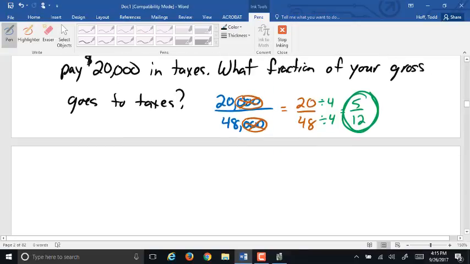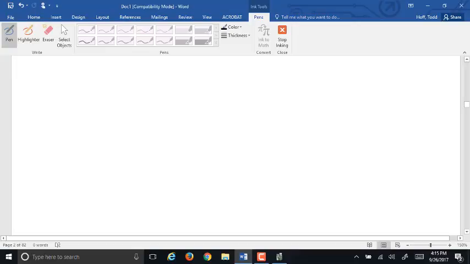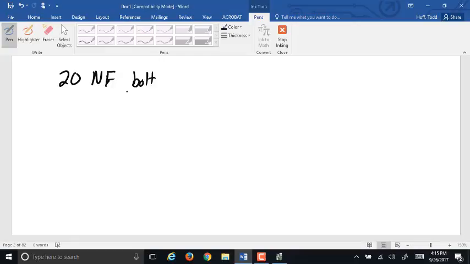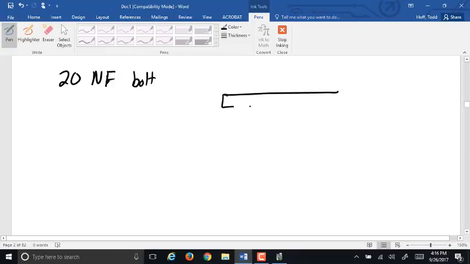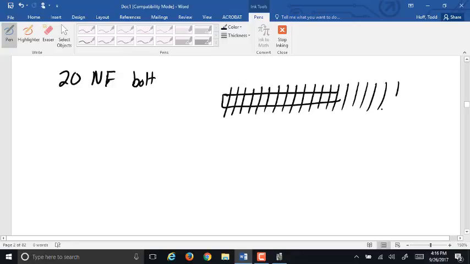A mechanical example for you, which I know is just what you wanted. 20 NF. NF stands for National Fine Thread. It's for bolts. So 20 NF means there's 20 threads per inch. So if we have a bolt, I know that looks horrible.